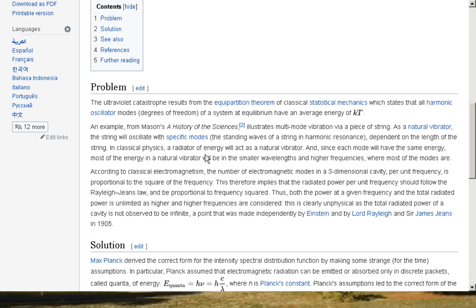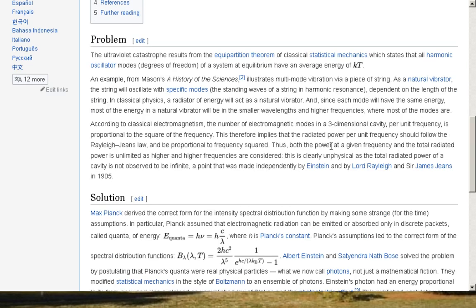In classical physics, the radiative energy will act as a natural vibrator, and each mode will have the same energy. Most of the energy in a natural vibrator will be in the smaller wavelengths at higher frequencies, where most of the modes are. It is clear that this is unphysical, as the radiated power is not observed to be infinite.